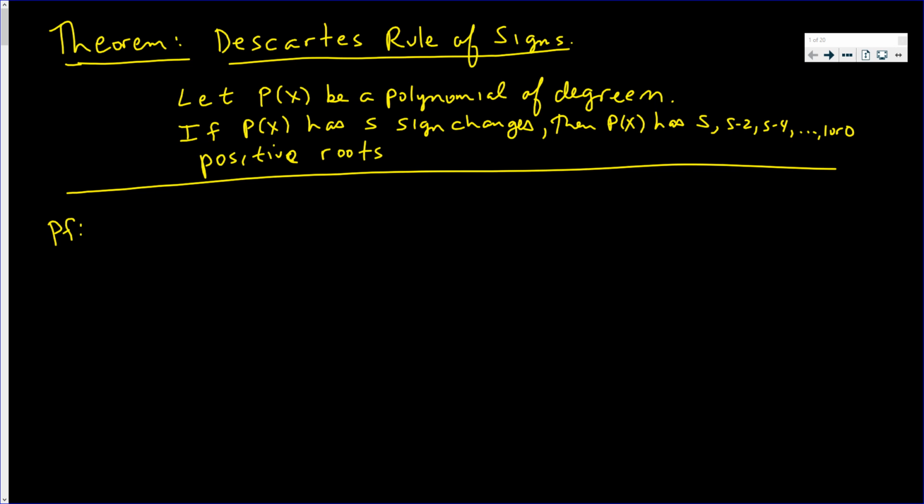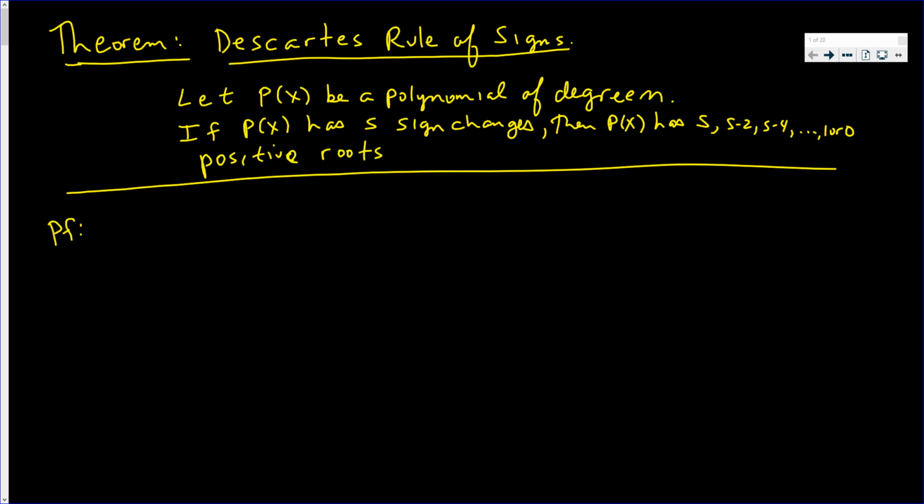In this video, I'm going to prove Descartes' rule of signs. Basically, it says if p of x is a polynomial of degree n, and p of x has s sign changes, then p has either s positive roots, or s minus 2 positive roots, or s minus 4 positive roots.